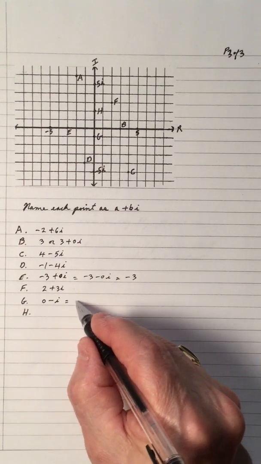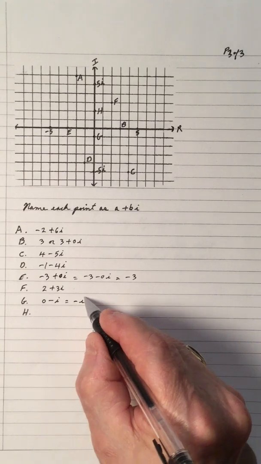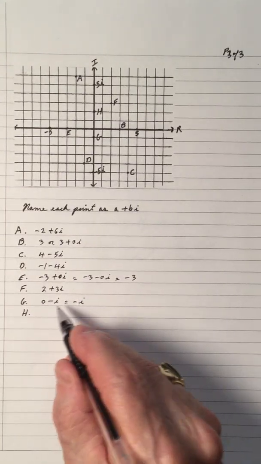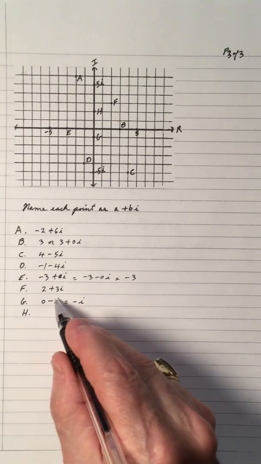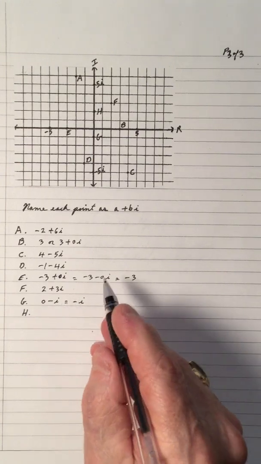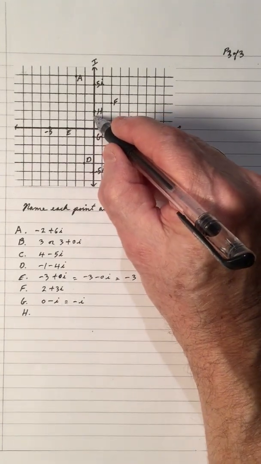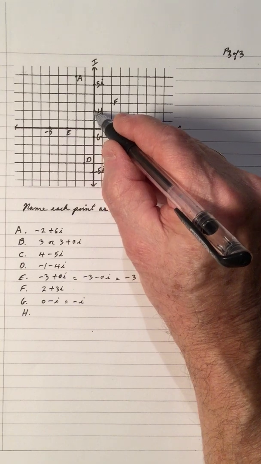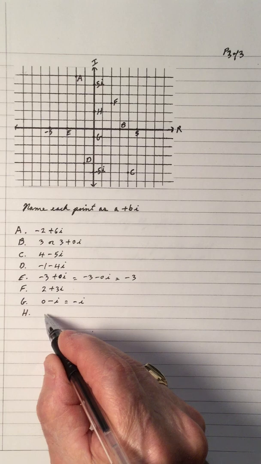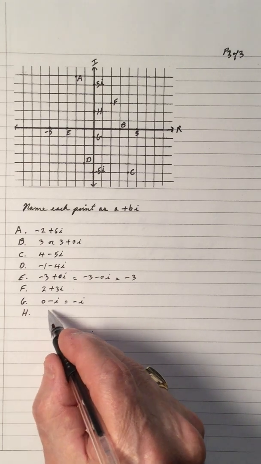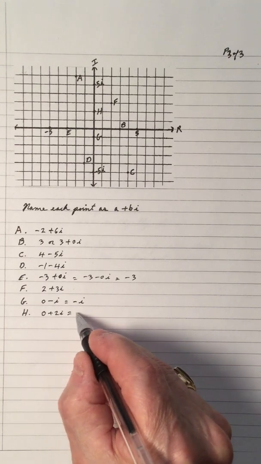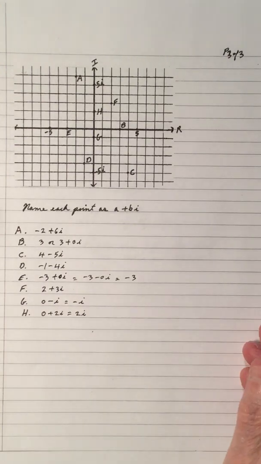So that could become, if you want, just -i. Again, check with your teacher. -i, the real is understood to be 0. But do you have to state this or just this? And H is right here. The real is 0. Imaginary is 2i. So G and H, 0 plus 2i, or just 2i.